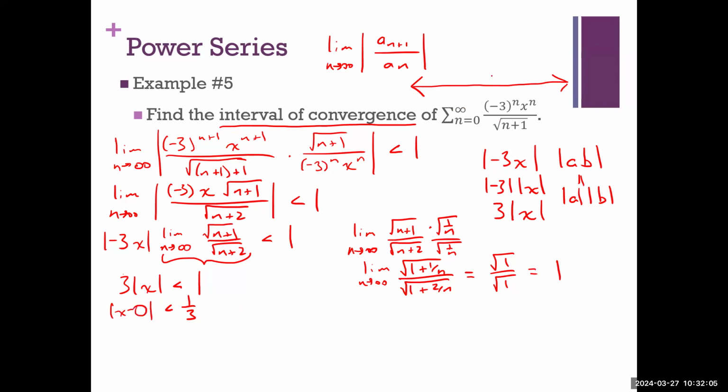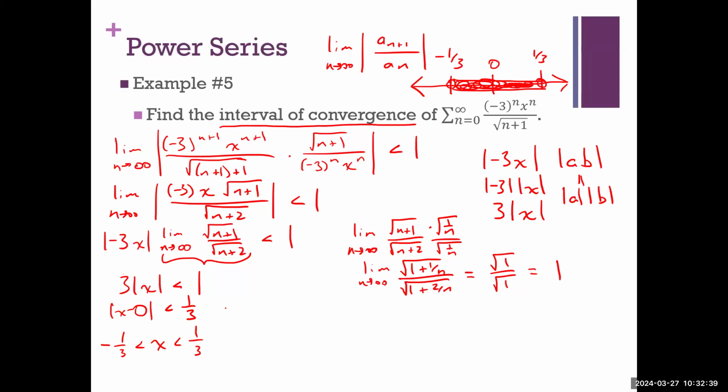So basically, this is going to converge for x equals 0, and I can also be 1/3 of a unit away from 0 in either direction. So here's what I know so far. In between negative 1/3 and 1/3, I have convergence. So here's my interval of convergence so far: negative 1/3 is less than x, which is less than 1/3.